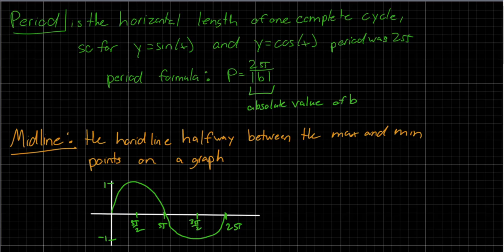My min and max are right where it changes directions. So my midline is what's in between.